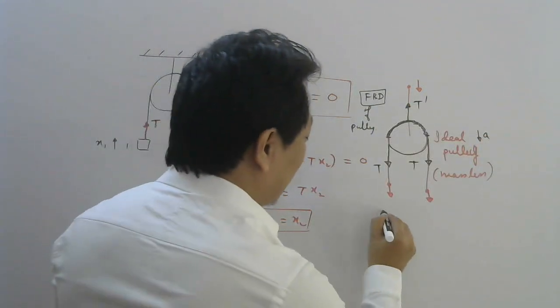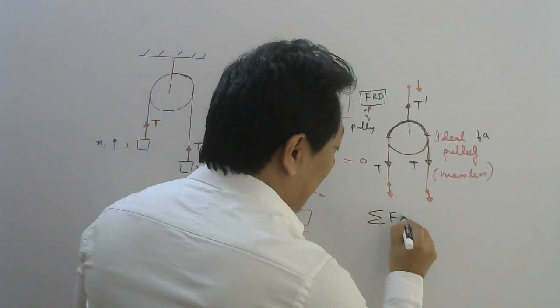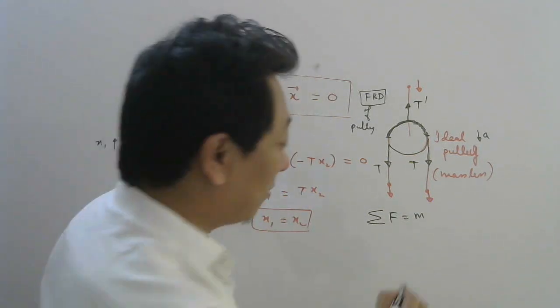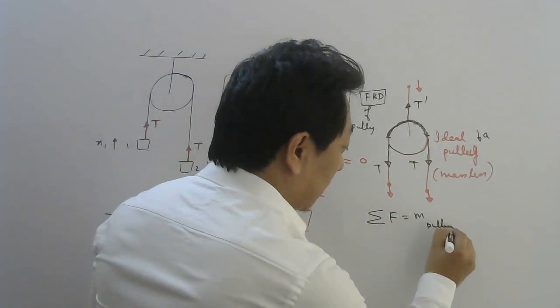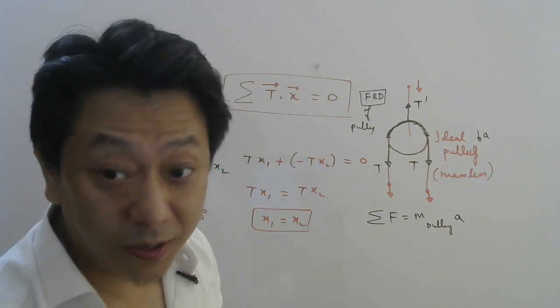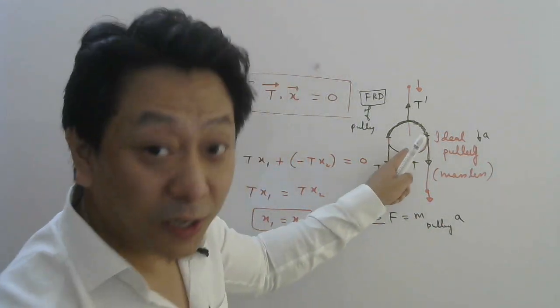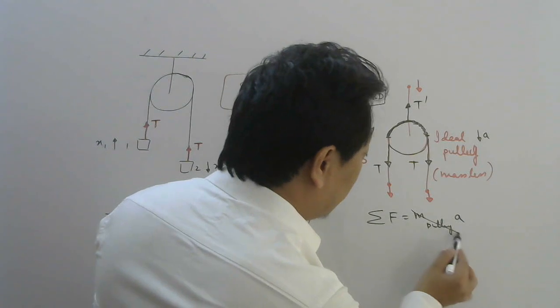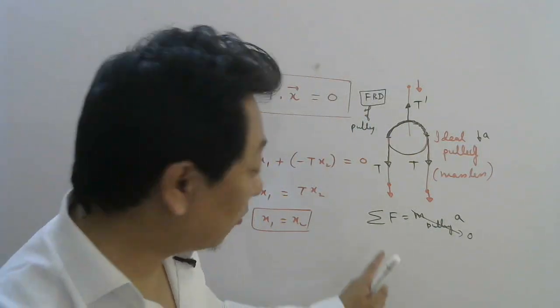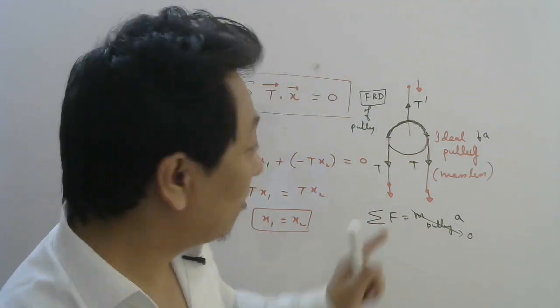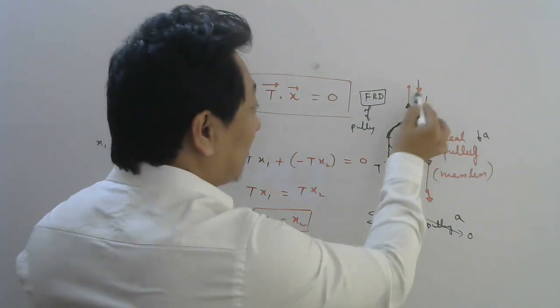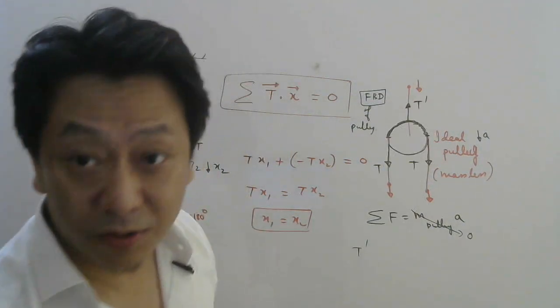Now write Newton's law for this pulley. Net force equals mass of pulley into acceleration. But even if there is acceleration of the pulley, the mass of the pulley is 0. Therefore, the net force on the pulley should be 0. What is the net force? T dash is up, so let us take it positive.